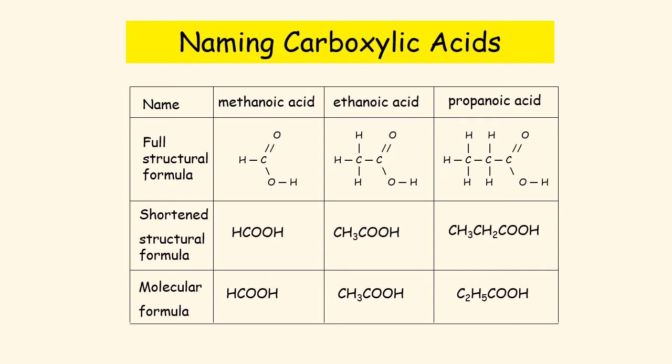And ethanoic acid, that is the acid inside vinegar. So now you know that vinegar is a carboxylic acid called ethanoic acid. And propanoic acid contains 1, 2, 3 carbons. It is CH3CH2COOH, or C2H5COOH.